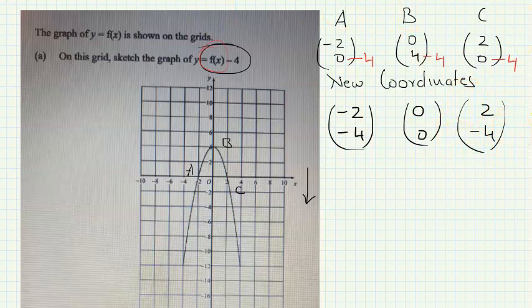So if we have to draw the new graph, this is B coordinate, it is 0, 0. So this point will come here, minus 2 and minus 4. So you can see the graph is going to be, and 2 and minus 4.